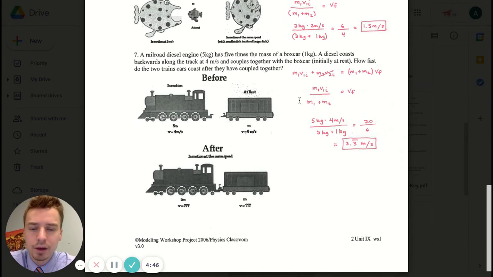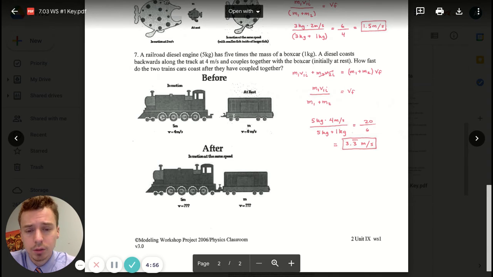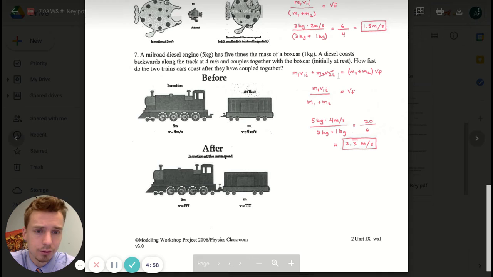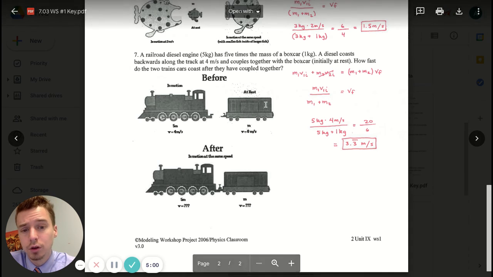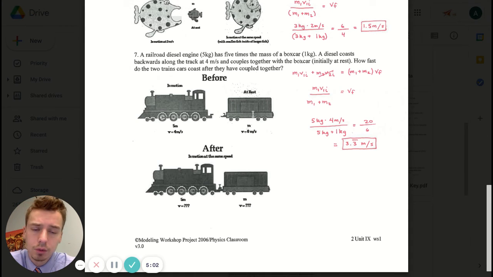Finally, again, we have another object where they run into each other and then they become one solid object together, so it's an inelastic collision. And we have one object that again is at rest at the beginning. Please note that they're not always going to be at rest here, but in this case, it works out.